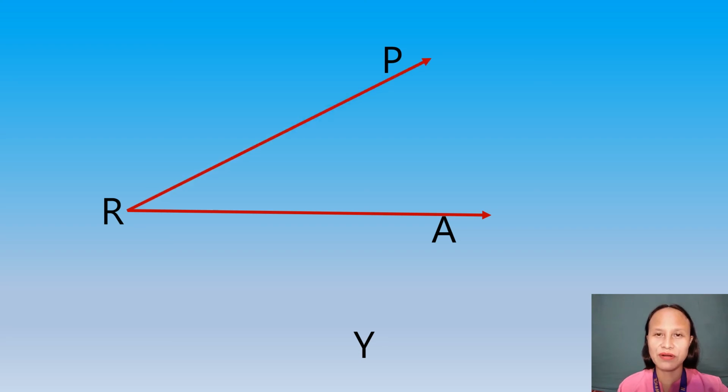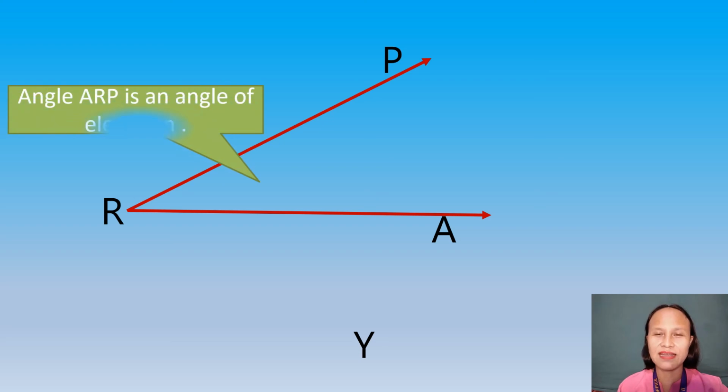So let us check your answers. The horizontal line is represented by ray RA. And from that ray to the object above, therefore, angle ARP is an angle of elevation.